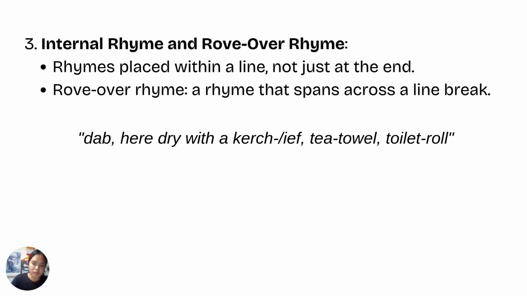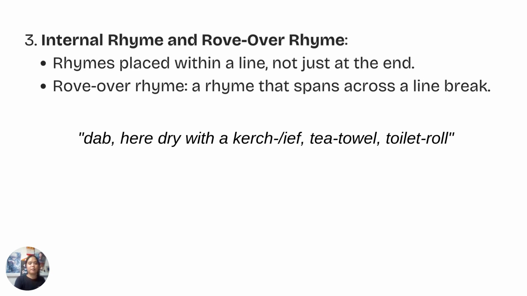An example is "hair, dab here, dry with a kerchief, tea towel, toilet roll." In that line, there isn't a clear example of internal rhyme within a single line.